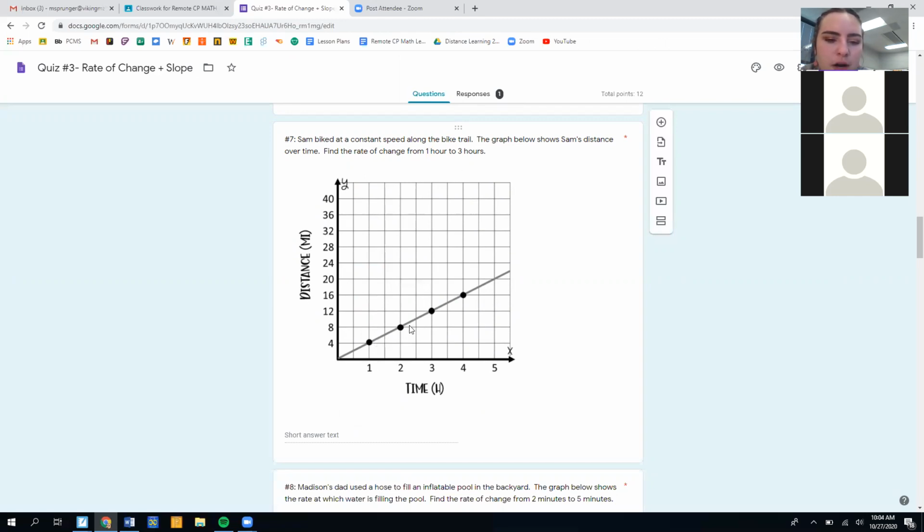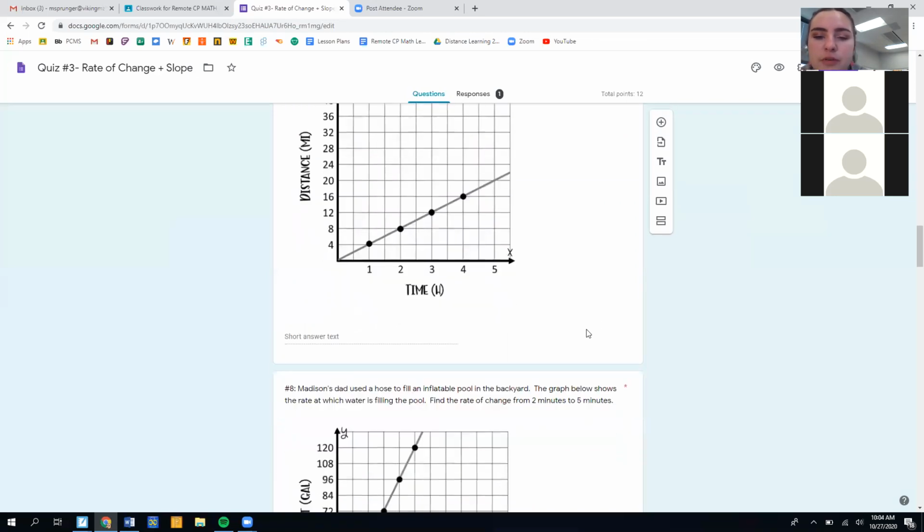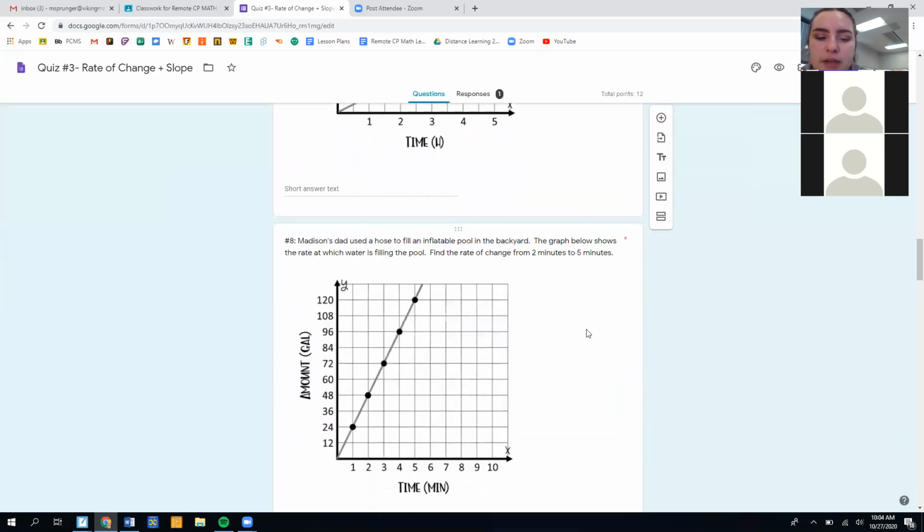For this type of problem, I would recommend plotting the points on a table. I'm going to have you do practice problems for plotting points next week, because I think we do need some practice with that.